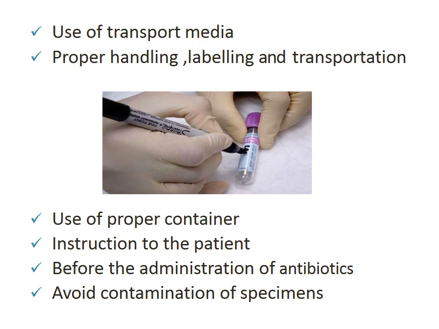For some specimen collection, we have to use transport media. For example, for viral infections, we have to keep the sample in transport media and transport it to the laboratory until the process is carried out. The next thing is we have to be very careful while handling the sample, we have to label the samples, and we have to be very careful while transporting them also.